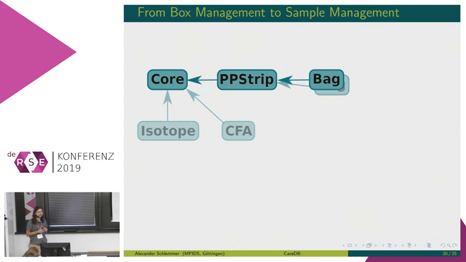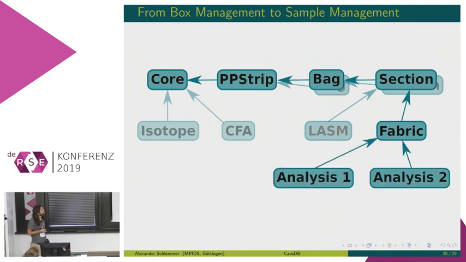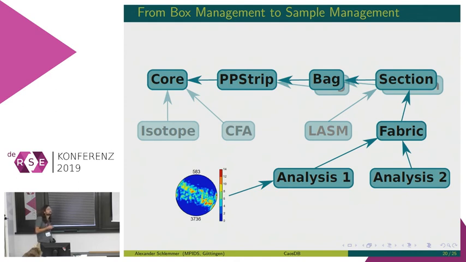These cores are actually cut into strips and separated into bags and into sections, and in the end there are different types of analysis run on these sections. And here, for example, for this fabric type, we have two types of analysis that can be carried out, and one analysis might result, for example, in one plot that is later maybe published or used for further data analysis.